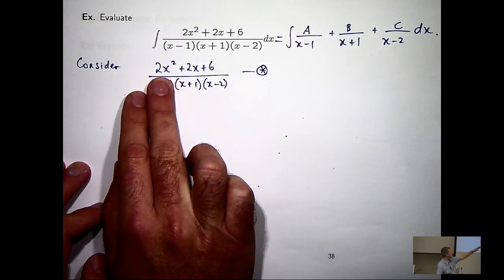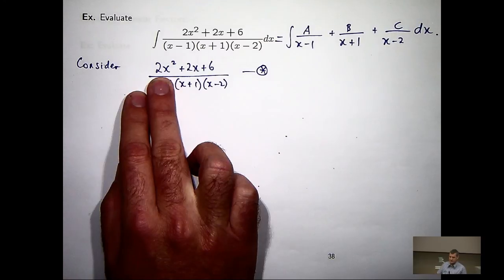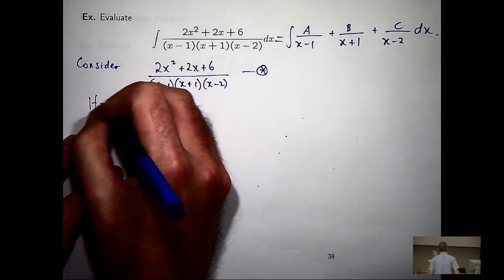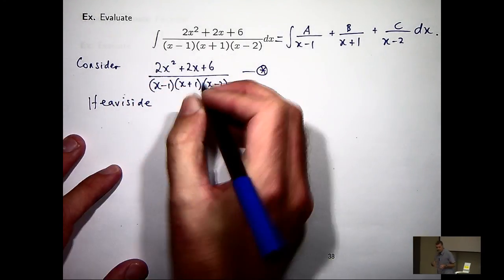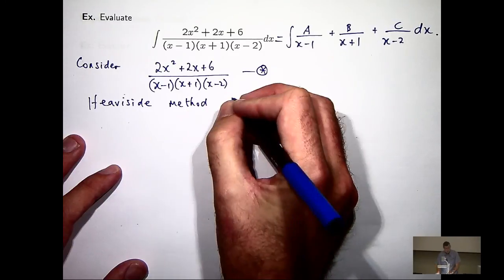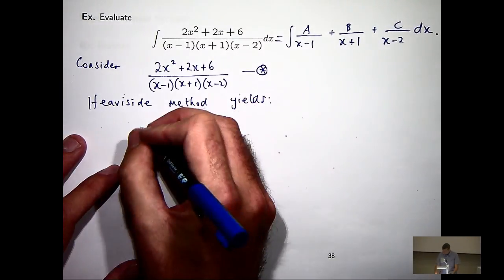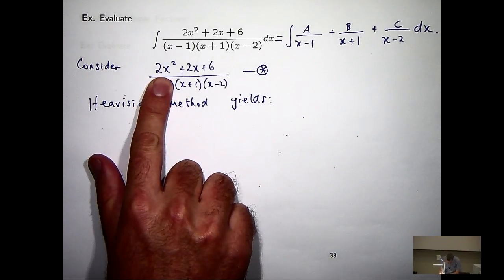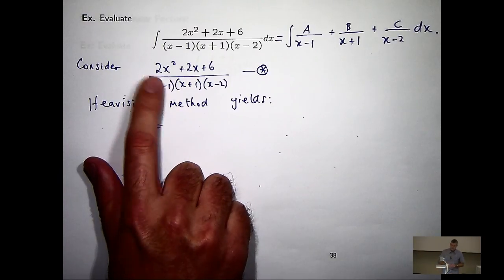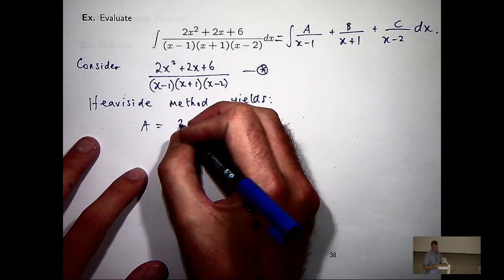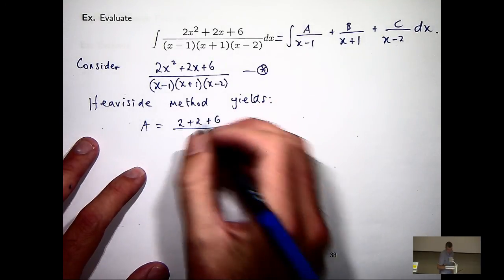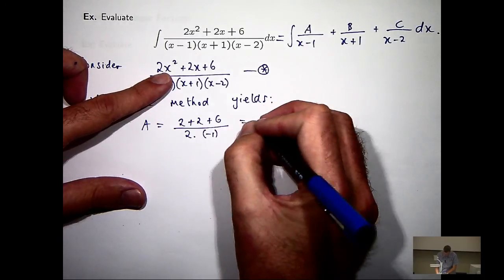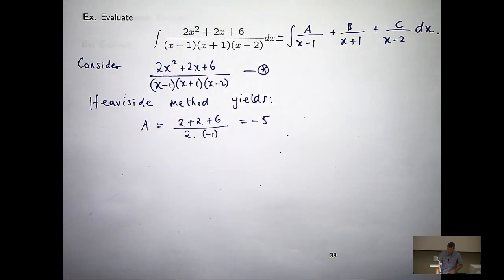So you cover up x minus 1 and you substitute in x equals positive 1. A is going to be what's remaining here with x equals positive 1. Simple.